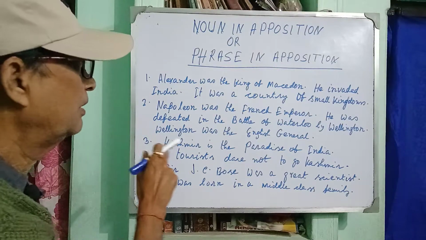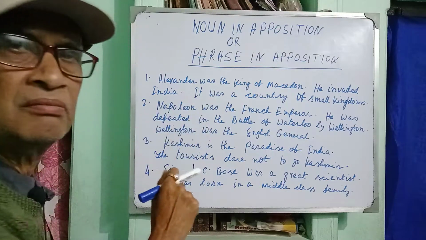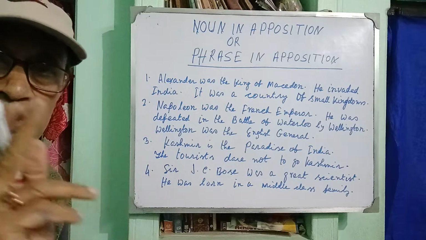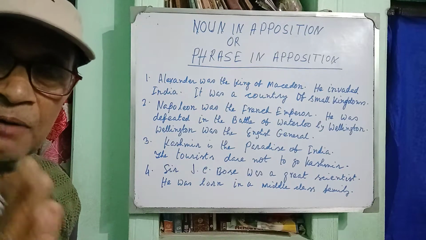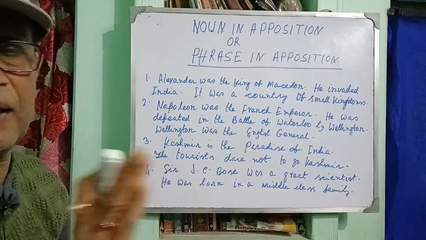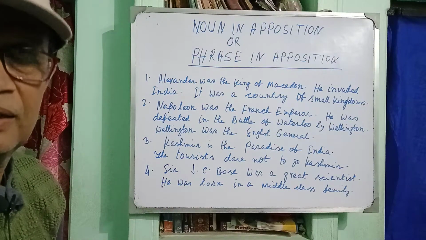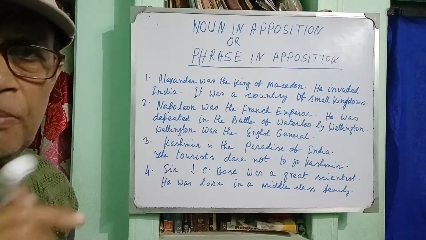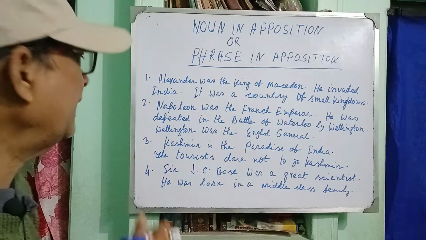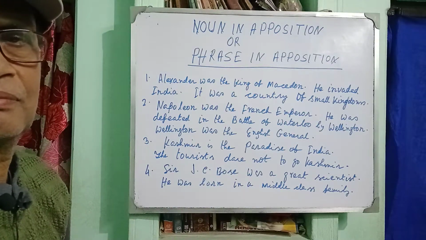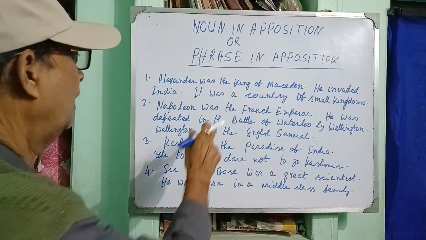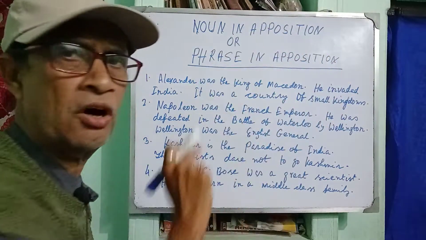Alexander, comma, the king of Macedon, comma, you must give two commas after the noun and after the apposition. Clear? Alexander, comma, the king of Macedon, comma, invaded India, comma, a country of small kingdoms.